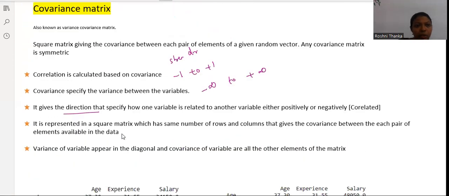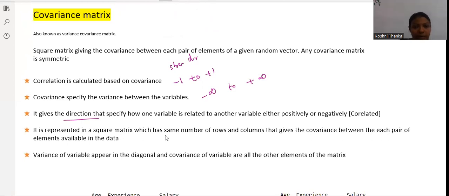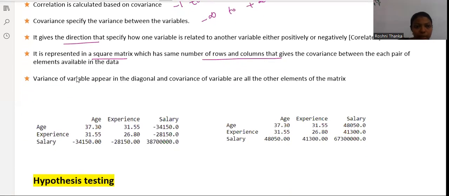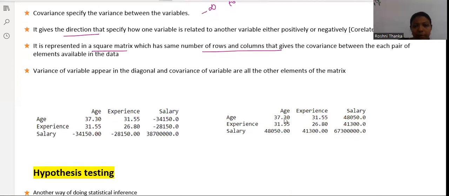And this covariance matrix is a square matrix, meaning the rows and columns are equal. Now let us see what it means. For example, here I have given two tables.